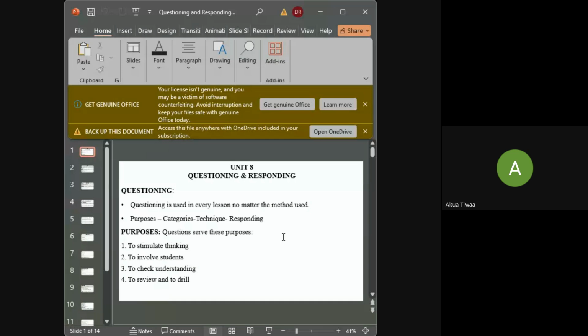As you are teaching, you don't know whether they understand or not. The next thing that you do is to ask them questions to find out whether they understand. So we question to check understanding. And then we question to either review or to drill students.